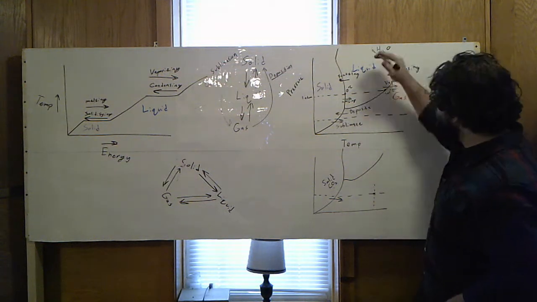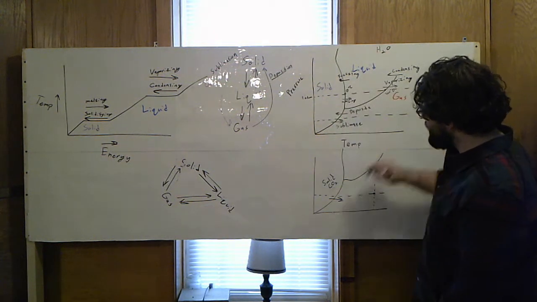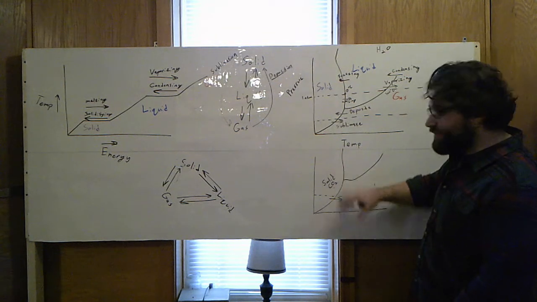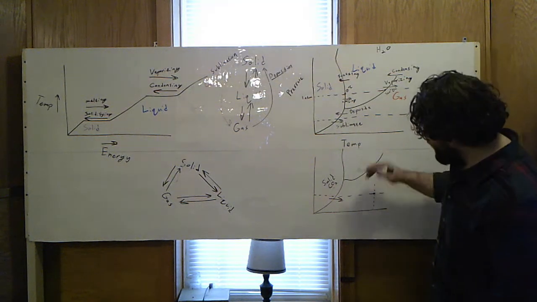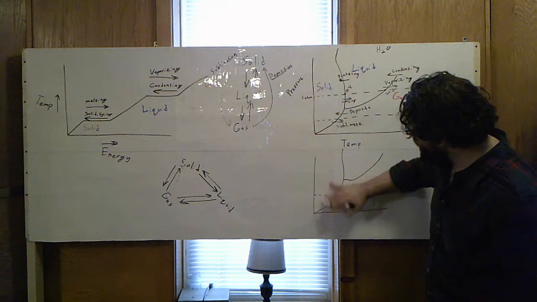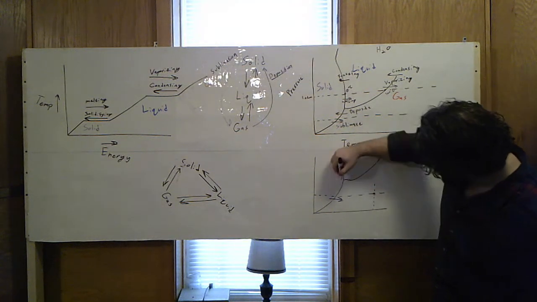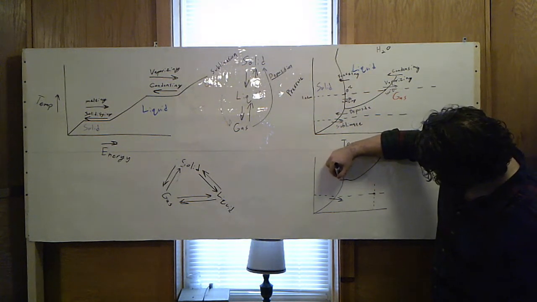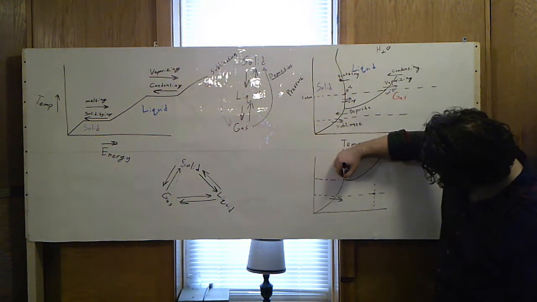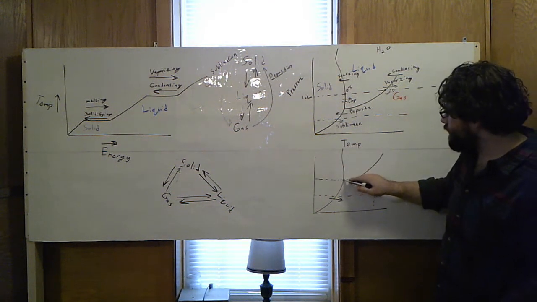So different substances can have different points, different places where they transition. In fact, pure iodine, which is a solid at room temperature, at air pressure, atmospheric pressure, sits right around here.